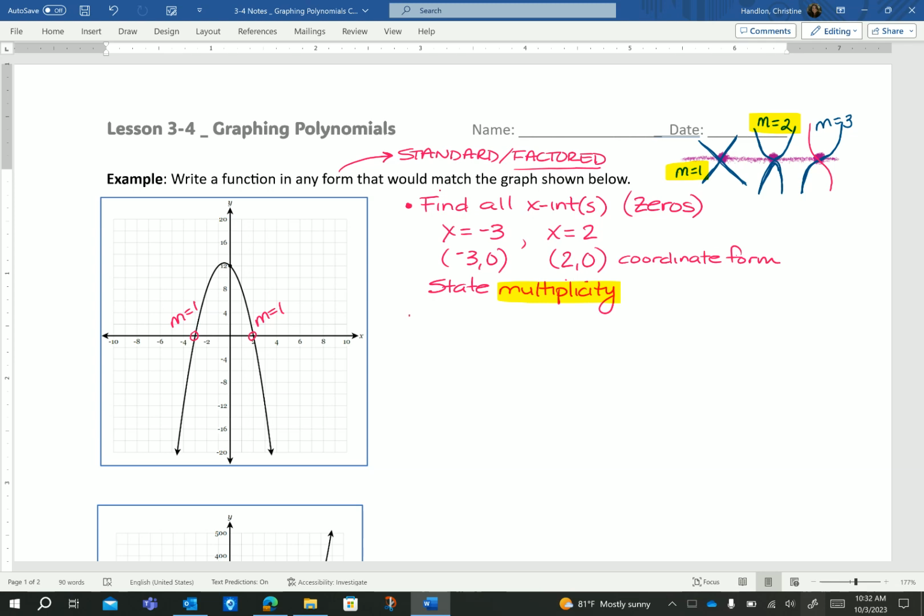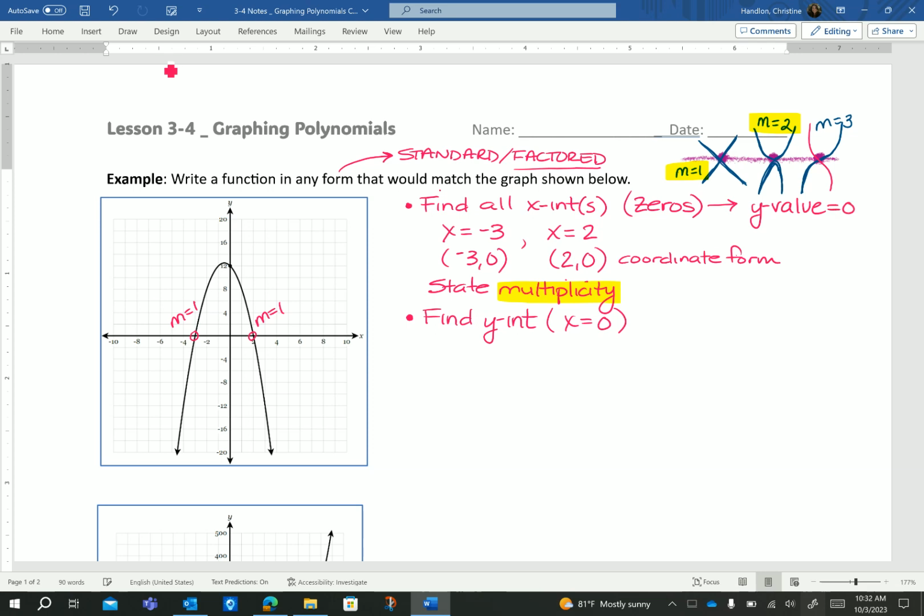Once you have done that, I want you also to take the time to find the y-intercept. I want to remind you again that for the y-intercept, your x value is always going to be 0, just like you know with x-intercepts that the y value is always going to be 0.